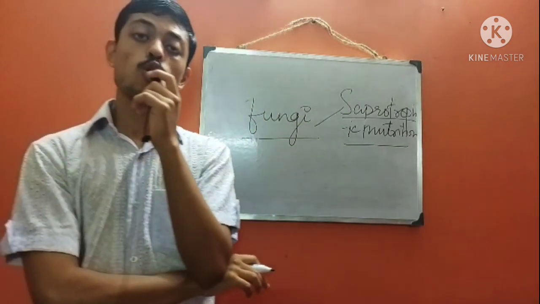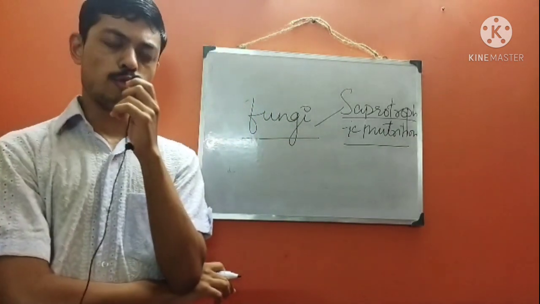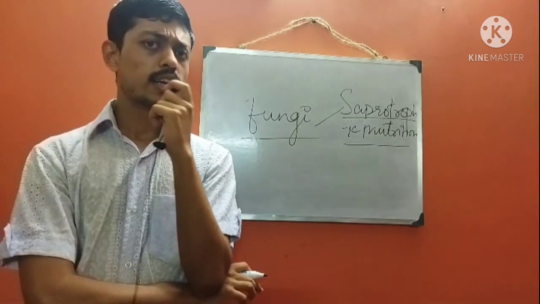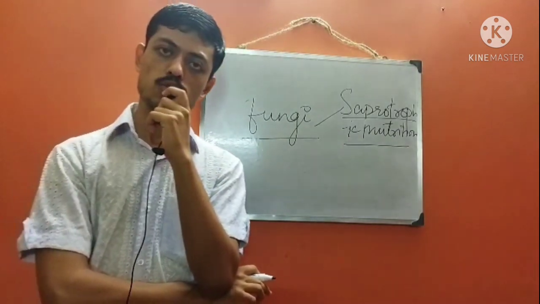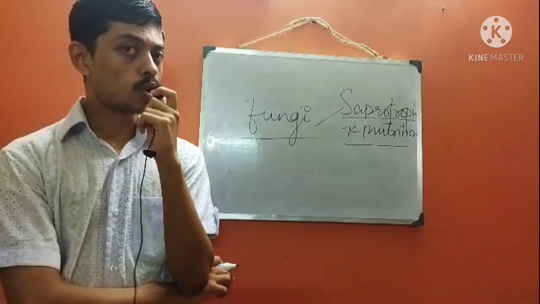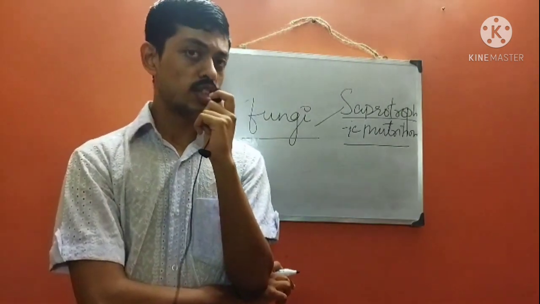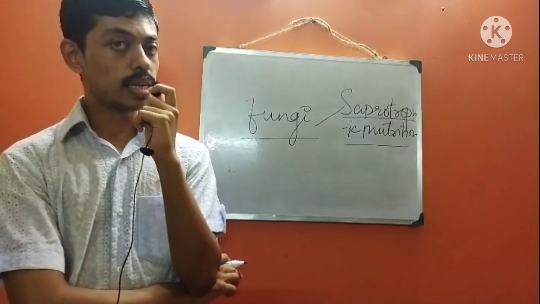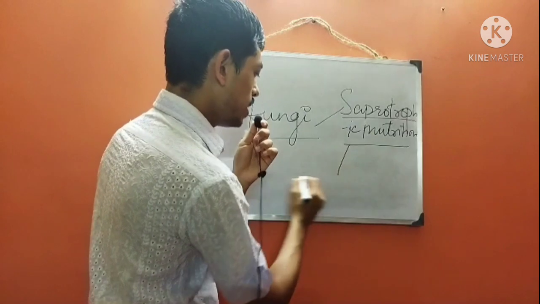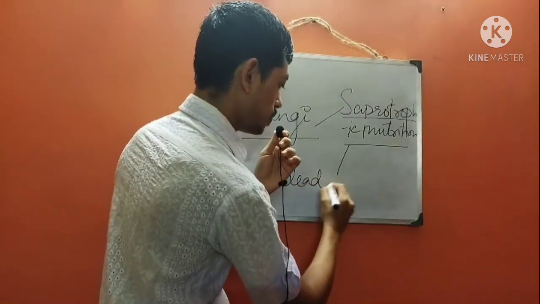The fungi follow the saprotrophic mode of nutrition. A question comes to our mind: what is meant by saprotrophic nutrition? Saprotrophic nutrition is a mode of nutrition in which an organism derives its nutrients from dead and decaying organisms.